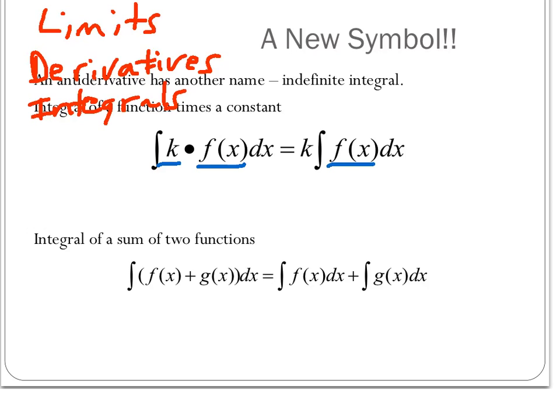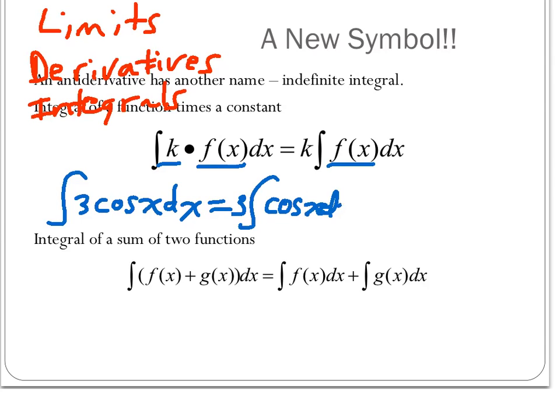To show you a simple example, let's say I ask you to find the antiderivative of 3 cosine x. You see how the equation is in between both the integral symbol and the dx symbol. Well, the antiderivative of that really is the same as 3 times the antiderivative of cosine x. Well, remember, the antiderivative of cosine is sine.